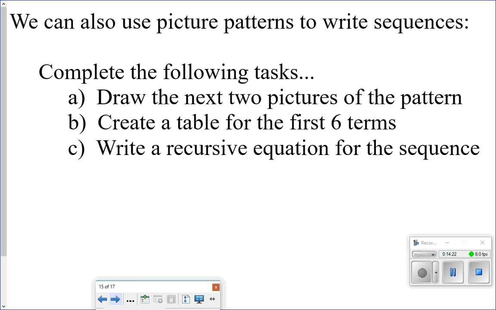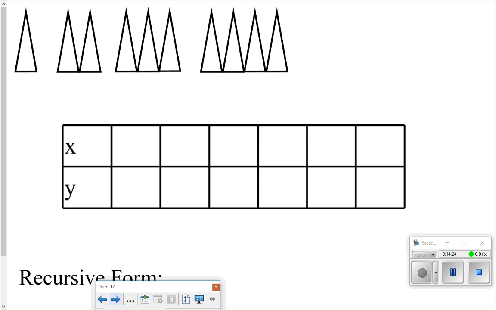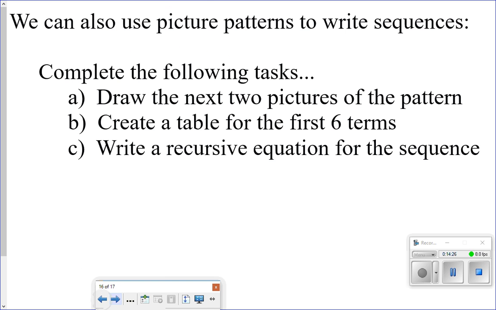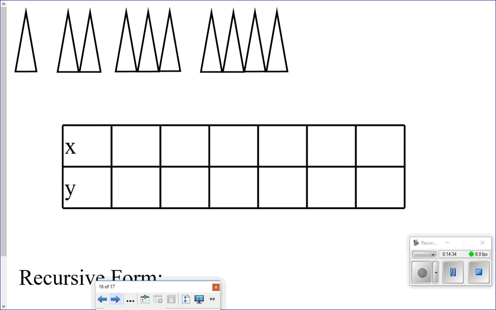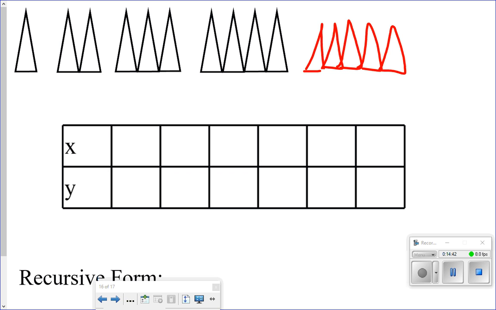another attack that we can have with these sequences is looking at some diagrams. So the instructions here say, draw the next 2 pictures of the pattern, create a table for the first 6 terms, write a recursive equation. So what we have here is just a list of triangles that increase by 1. So the next picture is going to be a list of 5 triangles. And then the idea is we want to start with term 1, term 2, term 3, and term 4, and so on.